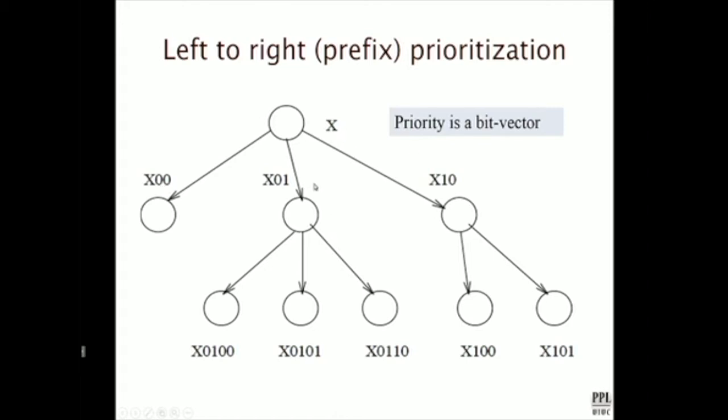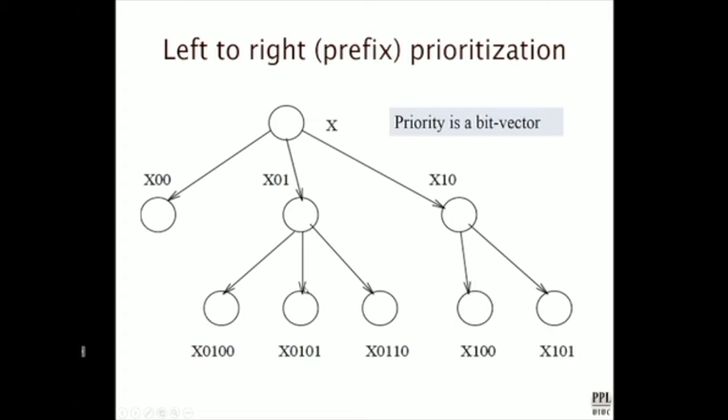What this does is every descendant of this guy will be smaller than, and therefore has higher priority than, any descendant of X10, because it has a suffix property. All of these guys will begin with X01. And you define priorities in a lexicographic ordering, so anything which begins with X10 will be larger than that.